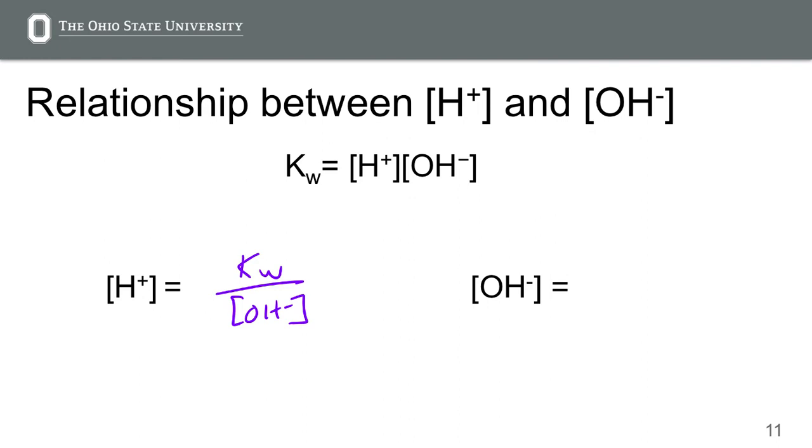And then the concentration of OH minus is equal to Kw over the H plus concentration. So we should be able to pretty easily convert between H plus concentrations and OH minus concentrations using Kw. Okay?